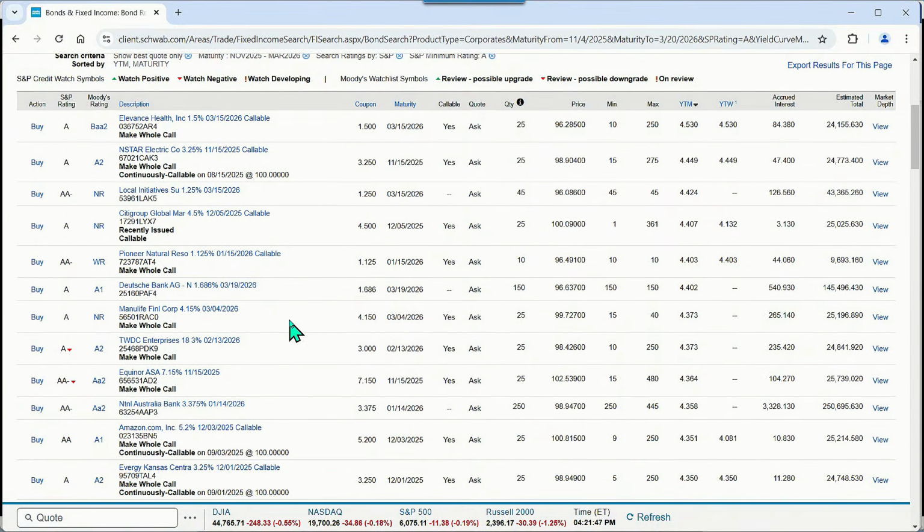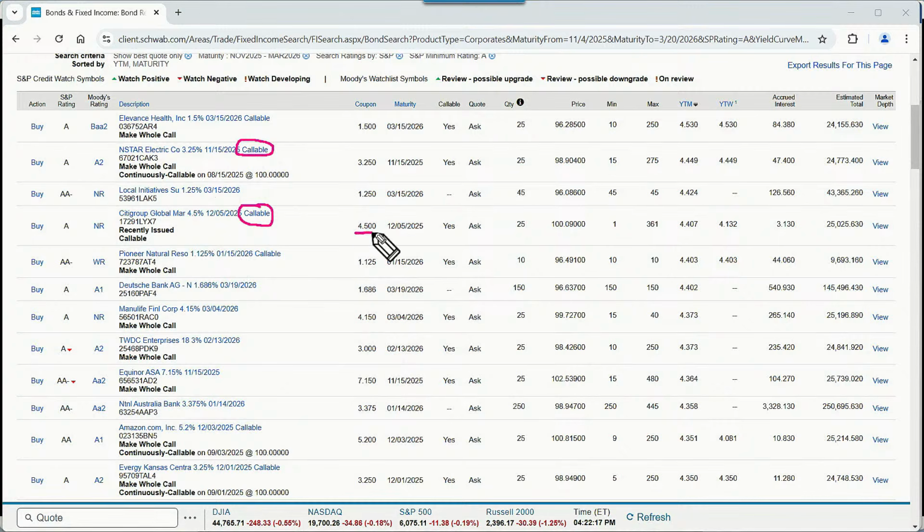Now let me just point out a term here on this page that you may see, and that is this, callable. What does callable mean? Remember, with a bond you are loaning money to a company and they're agreeing to repay you with interest.